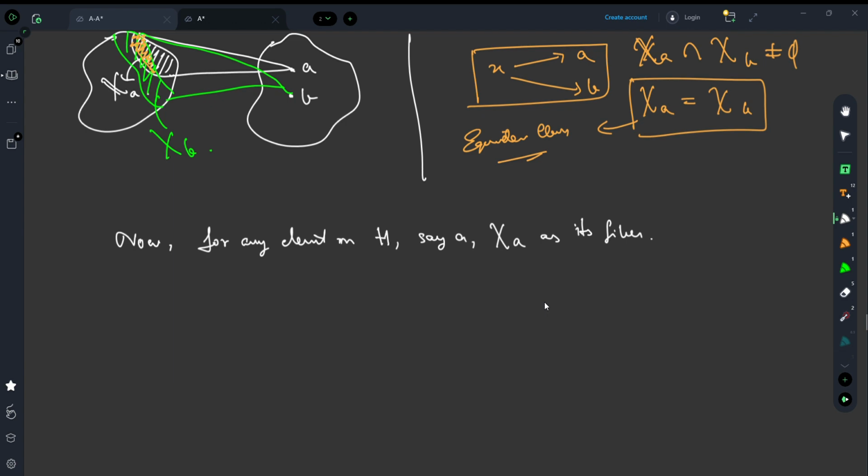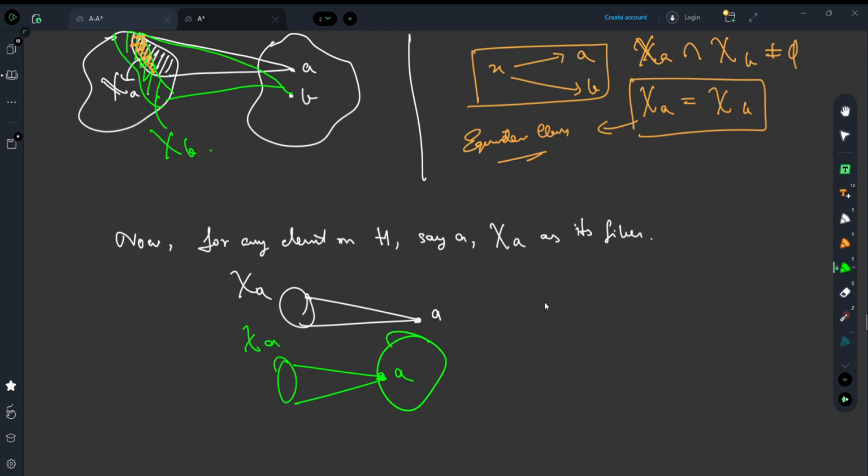That is, under this map phi, we are projecting chi of A back to the point in H. This is in H. Clear?